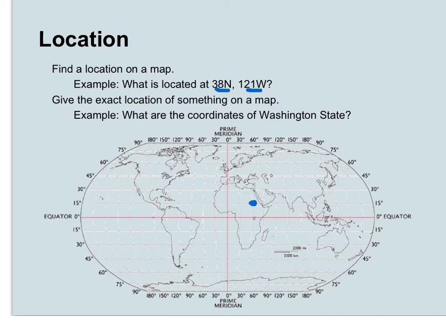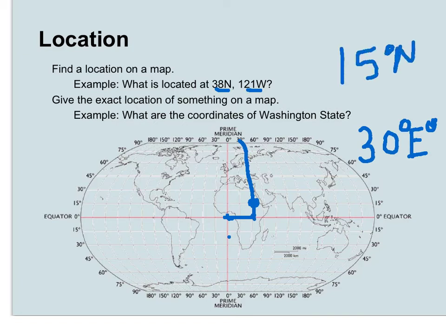Starting at the 0 here, we're going to go over to that line, and we start here and trace down, that's 30 degrees east. And then to get up to that exact spot, we're going to have to go from the equator north 15 degrees. So we'd say that that exact location is 15 degrees north and 30 degrees east.